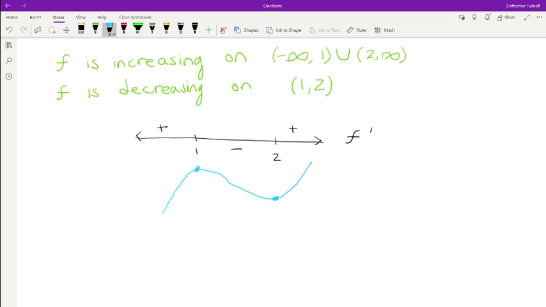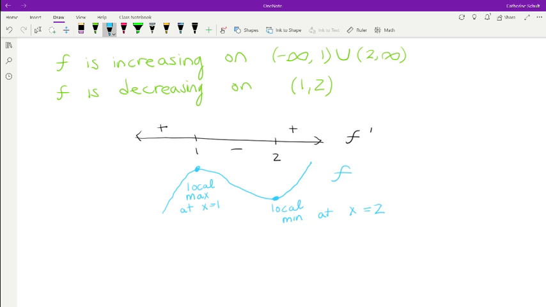Do you guys see that? When I did that sketch, this is f. We're using the derivative to tell us about f. We just discovered a local max at x equals 1. Remember that, we're going to use it later. And we also discovered a local min at x equals 2, just using the derivative.